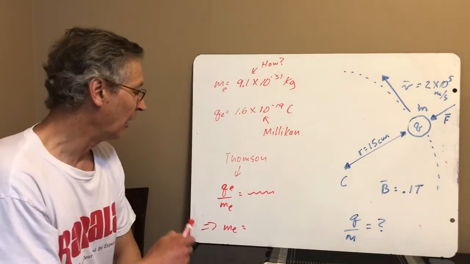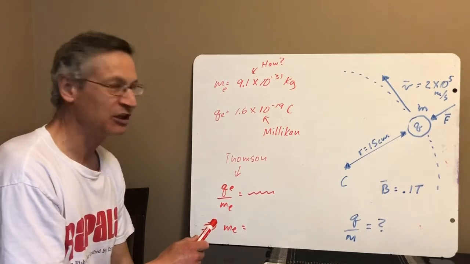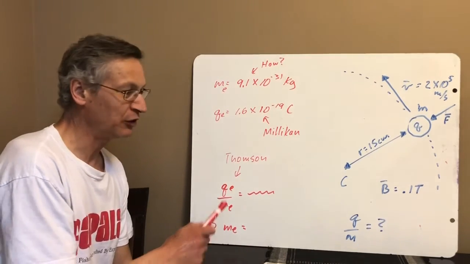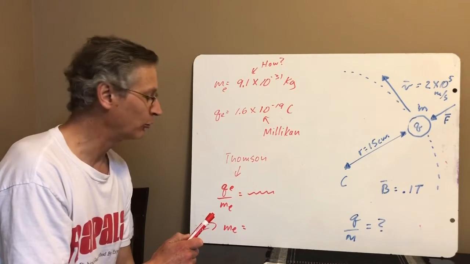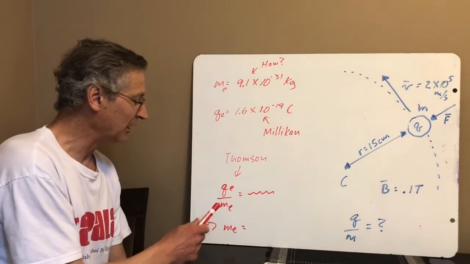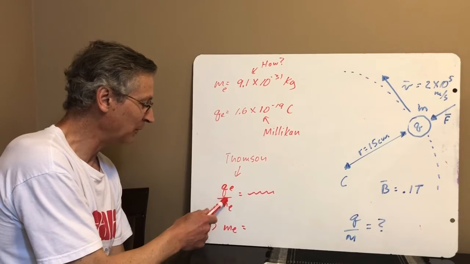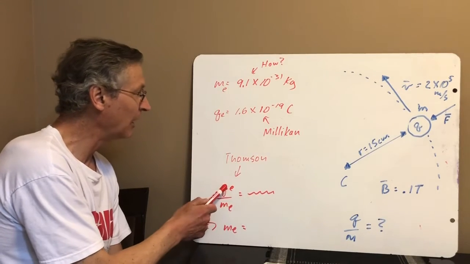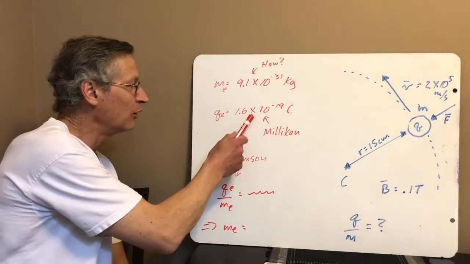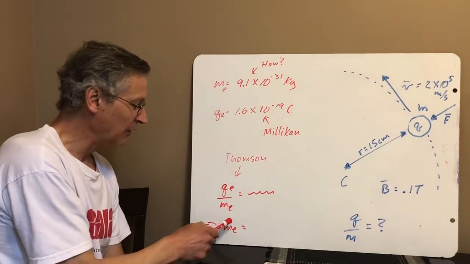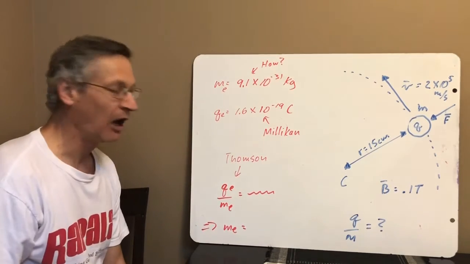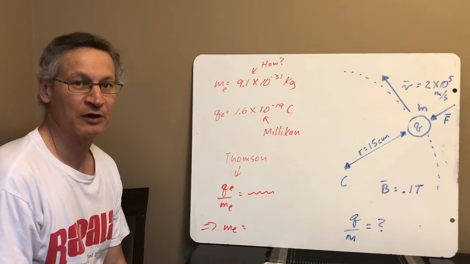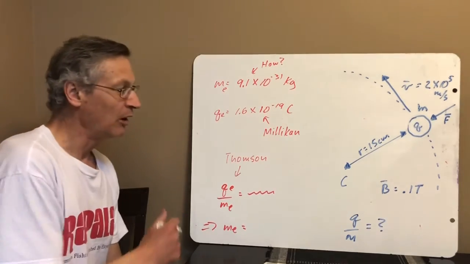And think about that. If you know the charge to mass ratio of an electron, and you also know the charge, thanks to Millikan, then it's just a little bit of math, and you can figure out the mass of an electron.